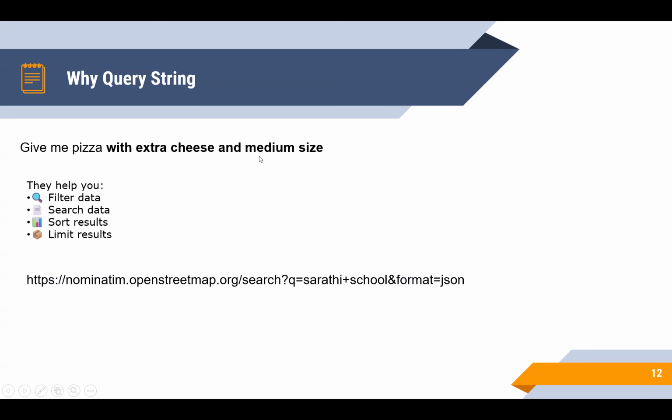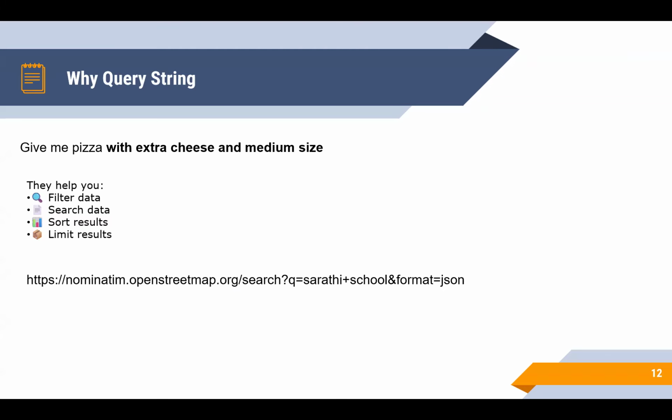Why is the query string required? See here, give me pizza with extra cheese and medium size. The purpose of writing this line is I want to get the data, but I want to send some additional information.